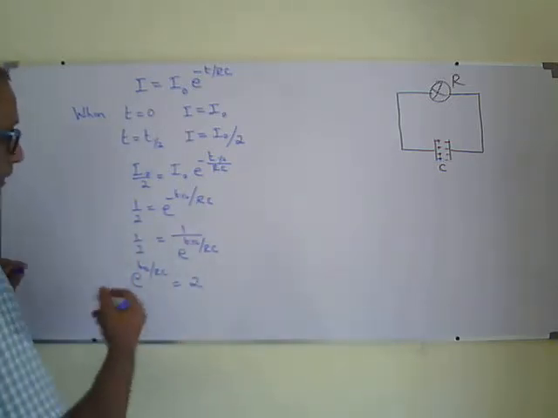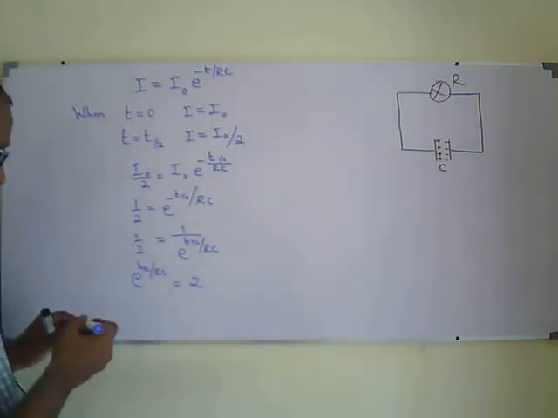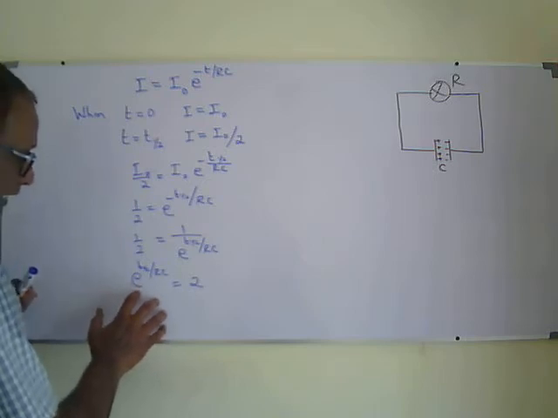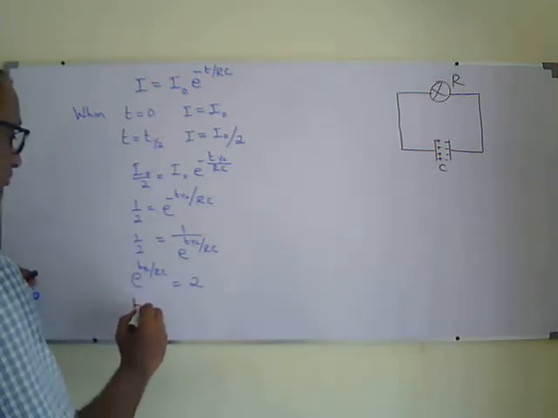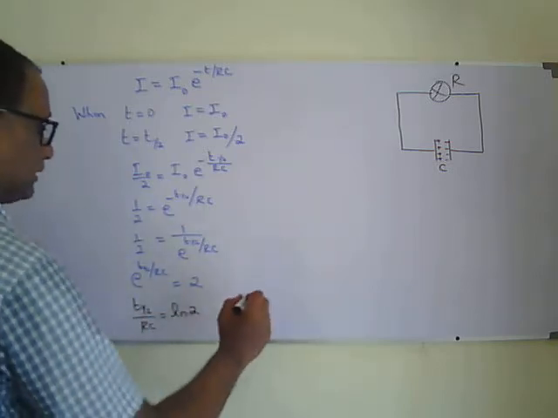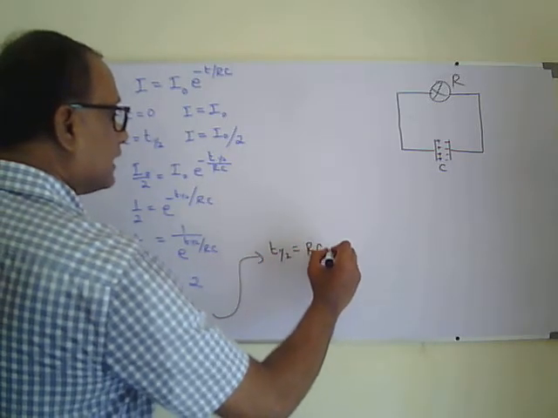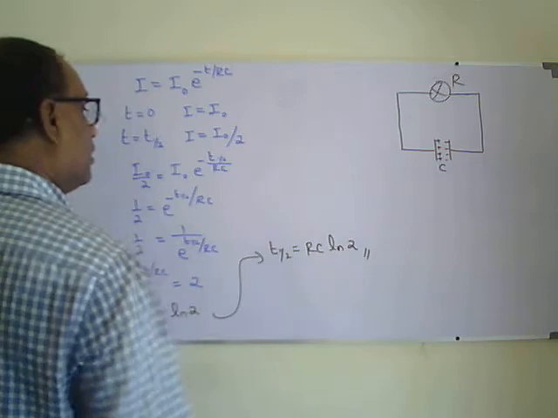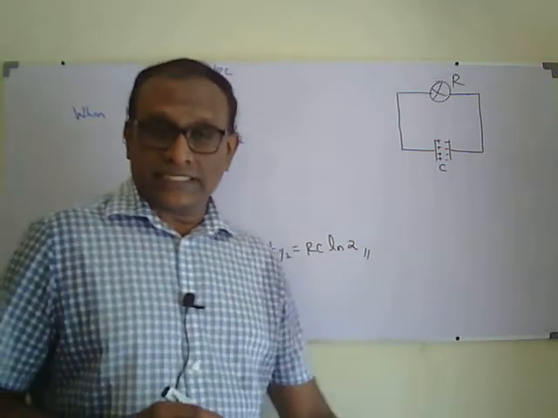I can eliminate e by taking the natural logarithm on both sides. So ln e will become, the e will vanish, you know that. So t half over RC will become equal to ln 2. So t half will be equal to RC ln 2.